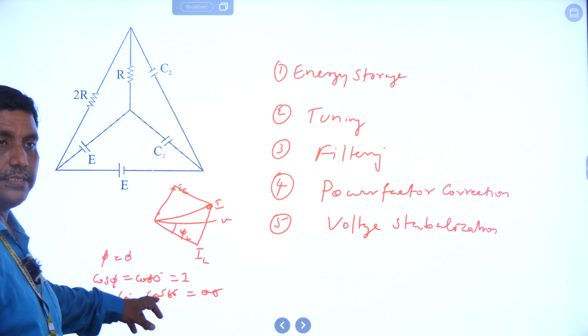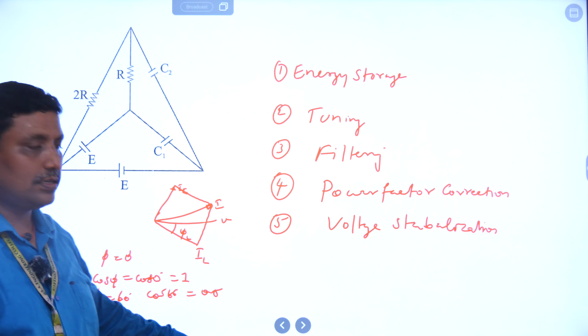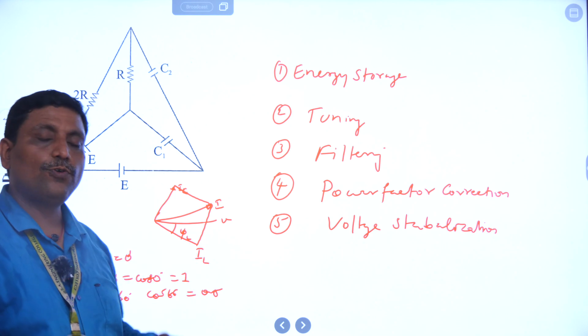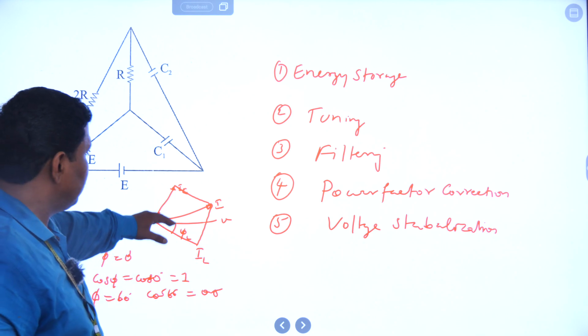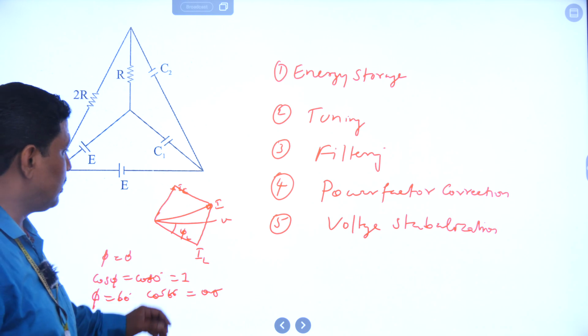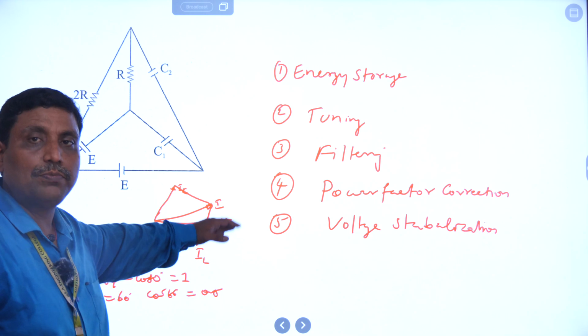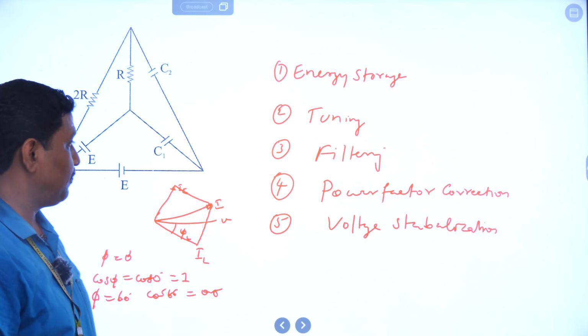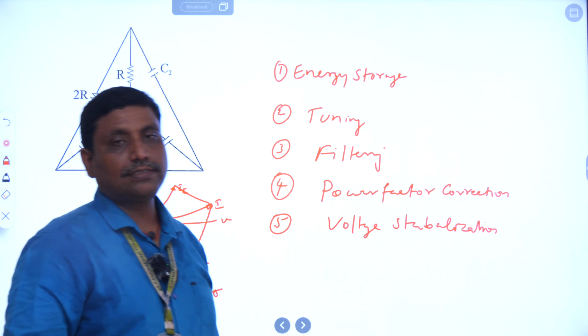So when the angle increases, the power factor keeps on decreasing. So the idea is, if you add the capacitor bank, the power factor is increased, which means the angle is decreased. That means the deflection between the voltage and current is decreasing. So this is the advantage of the capacitor.